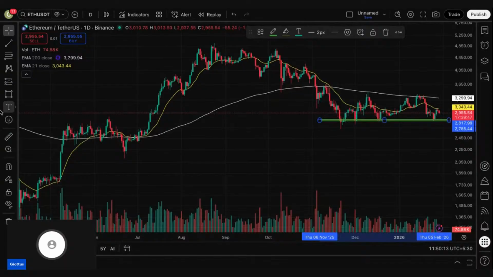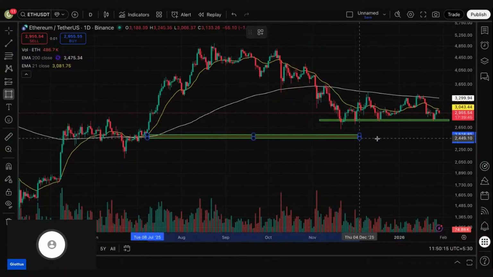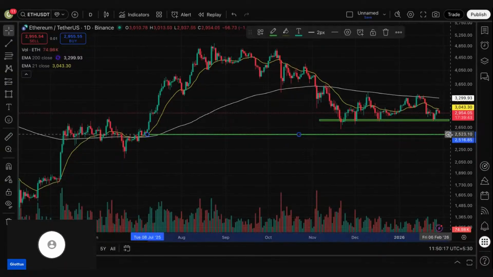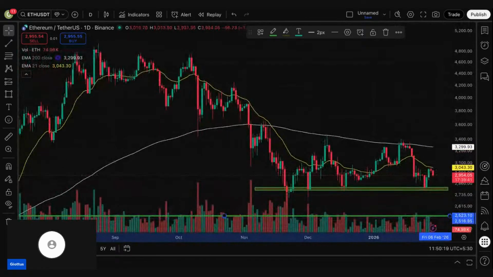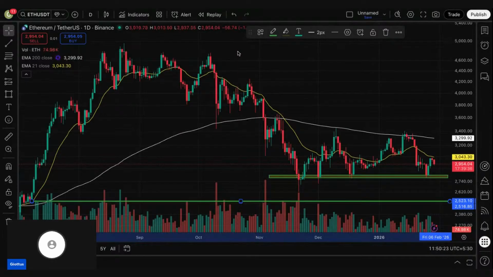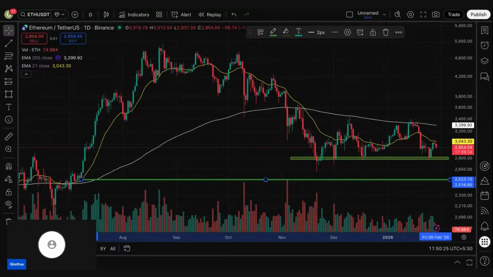So from here, the target of 2500 on Ethereum should open up. So this is what I'm saying, guys. Just a second, is it clear now, guys? I hope it is clear.